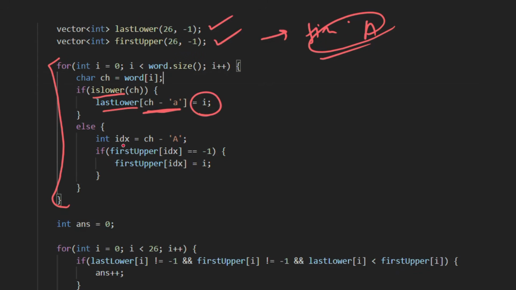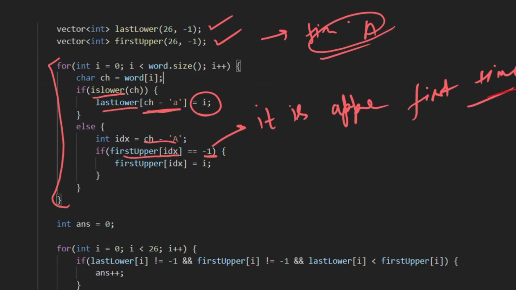Else we take the index of that uppercase character, and first we check if the value at that index is equal to -1, that means it is appearing the first time, right? So if it is appearing the first time, we need to store the index of the first appearance, so we store the index of that particular character.